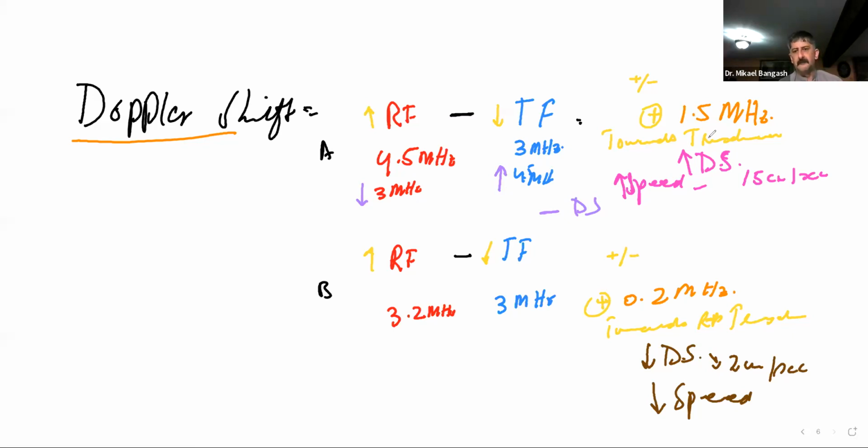We can just assume that 1.5 megahertz indicates that the speed is 15 centimeters per second. So the blood could still flow at a speed of 15 centimeters per second, but away from the transducer.